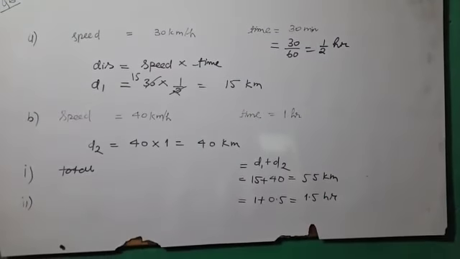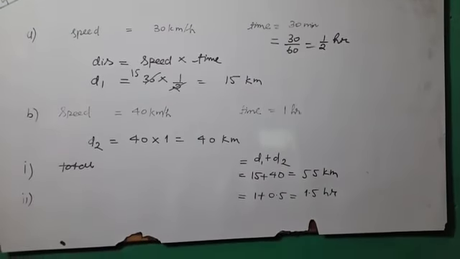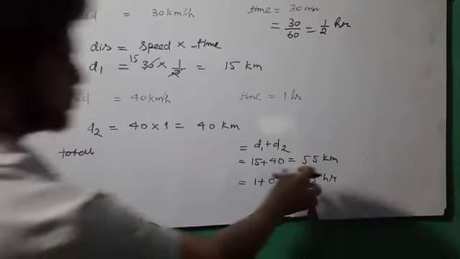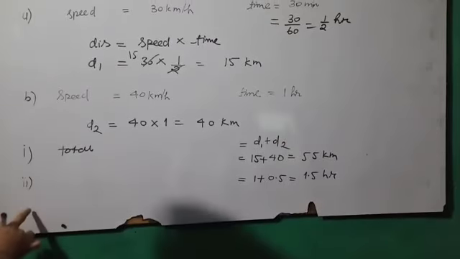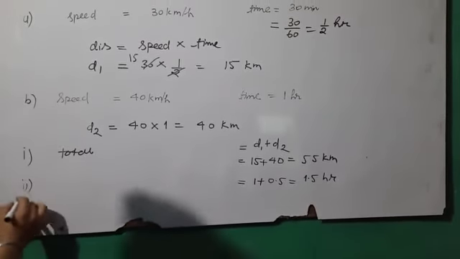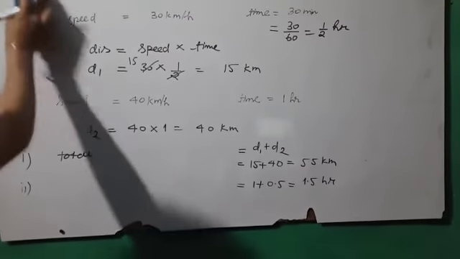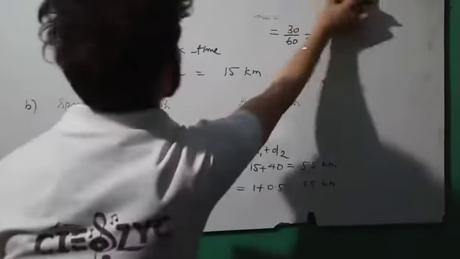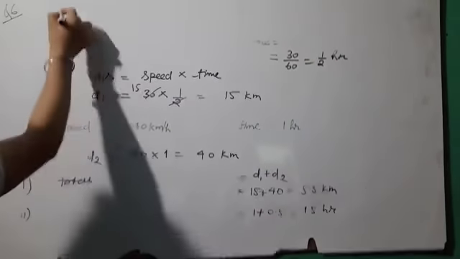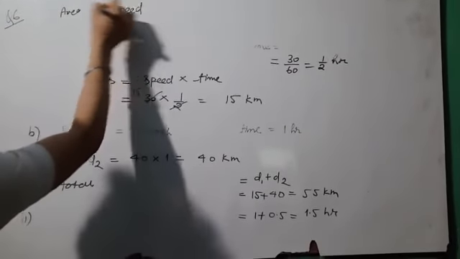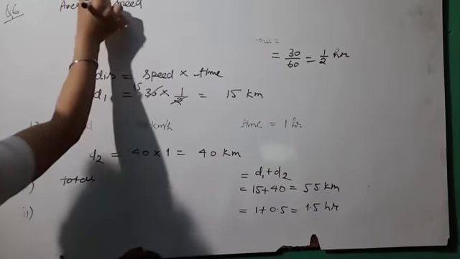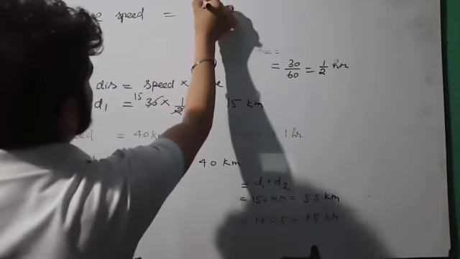Now the third part is the average speed of the car. Average speed is total distance upon total time. Average speed equals total distance upon total time.